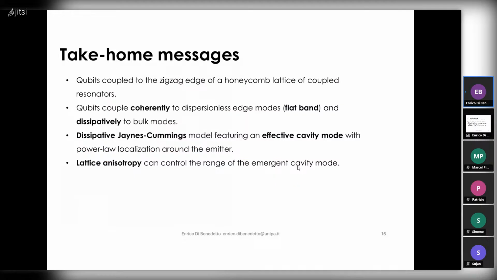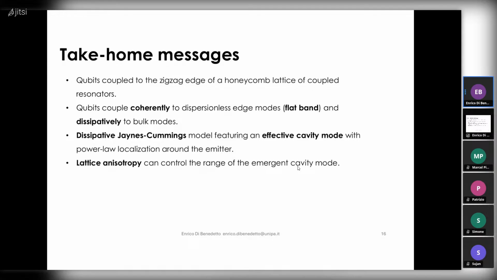So the take-home messages are: we studied what happens when you couple qubits to the zigzag edge of a honeycomb lattice, and we see that qubits couple coherently to effective cavity modes seeded by the pattern and dissipatively to modes in the bulk.